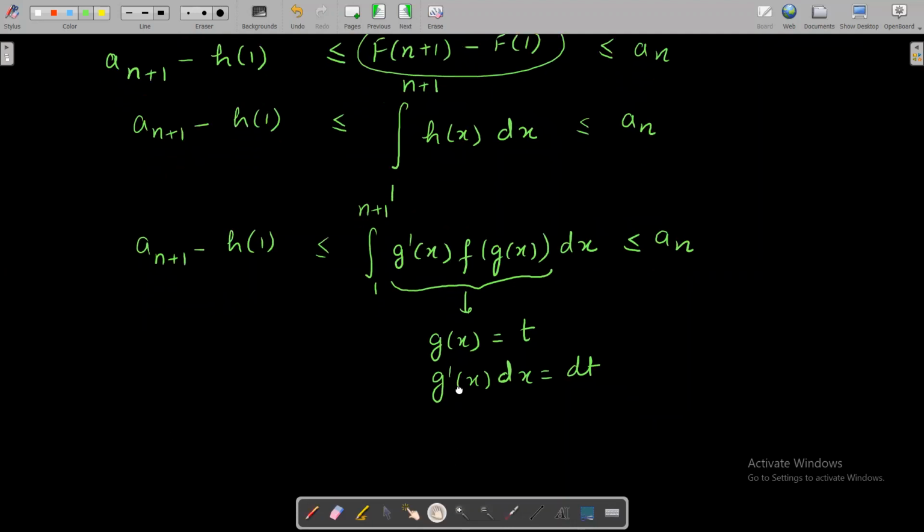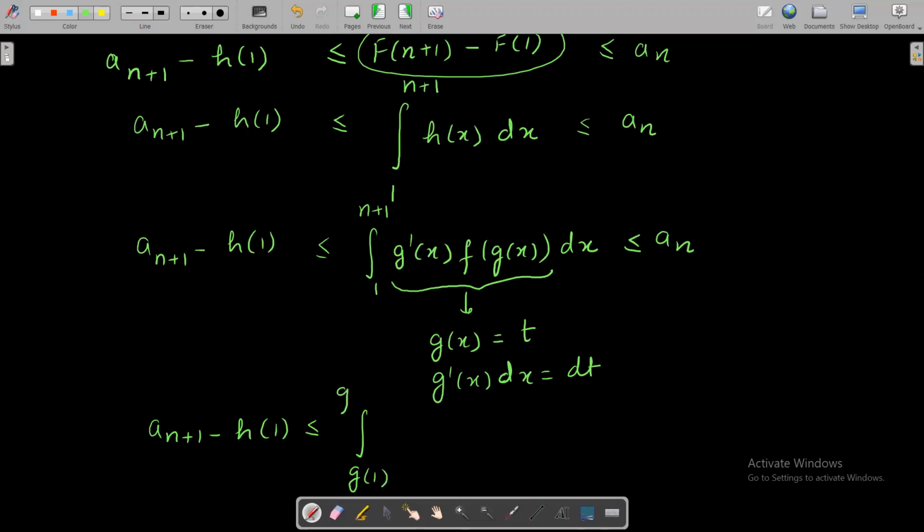Let us put these values, and then what we get is an plus 1 minus h of 1 less than or equal to the integral. The limits are also going to change: the lower limit has now become g of 1 and the upper limit has become g of n plus 1. F of g of x will be replaced with f of t, and g dash of x dx will be replaced with dt, less than or equal to an.